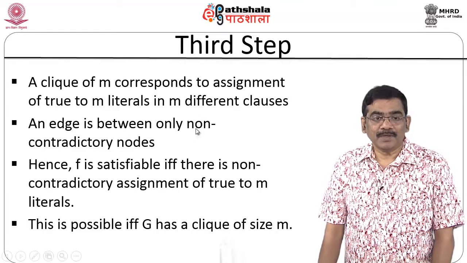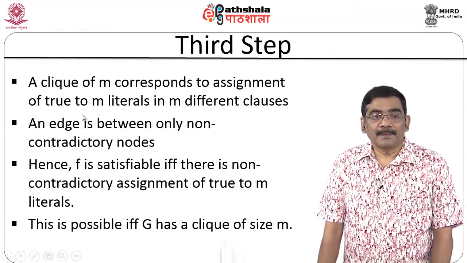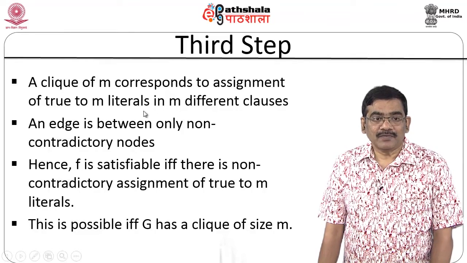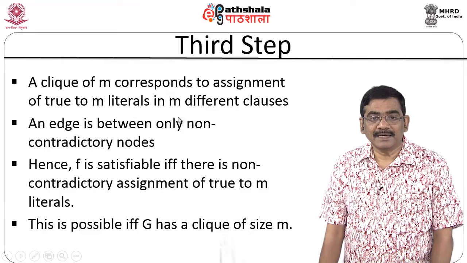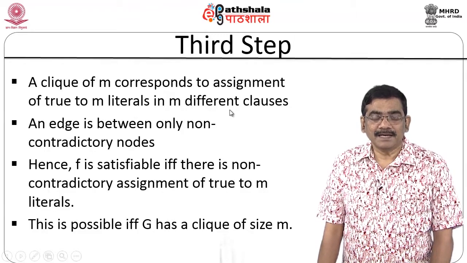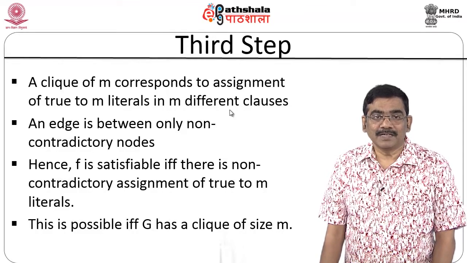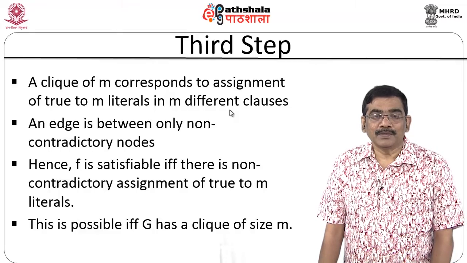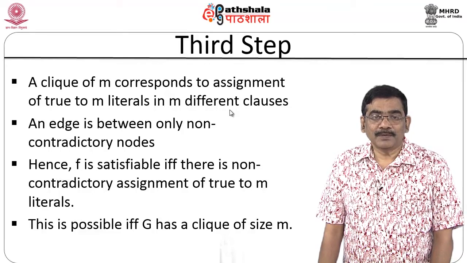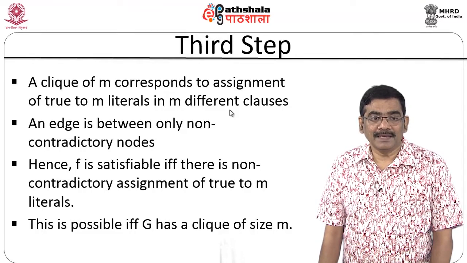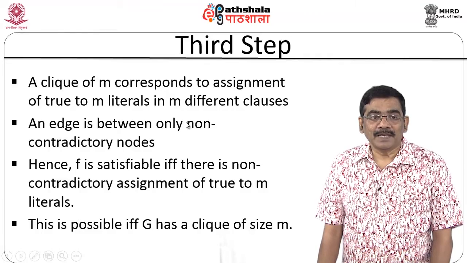This can be argued like this. A clique of size M corresponds to assignment of true to M literals in M different classes. Please recollect, the formula is nothing but the AND of all the classes C1, C2, C3 etc. If that has to be true, then all the classes C1, C2, C3 etc. should have at least one true, only then the formula will be equal to 1.